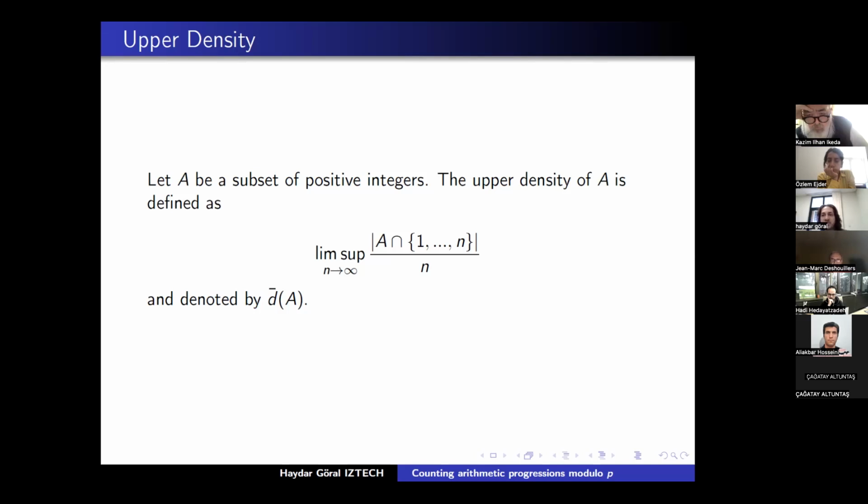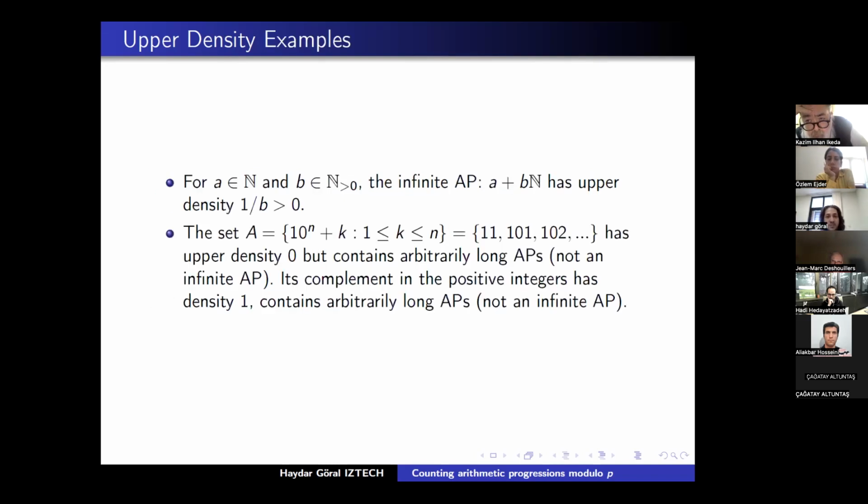This means that whenever you choose a number from the first n numbers, this is the probability of getting a number from A. And if you take the limit, this tells you whether the probability of A is big enough or not. Of course, this is not a probability, it doesn't obey the rules of probability, but you can think like this, okay?